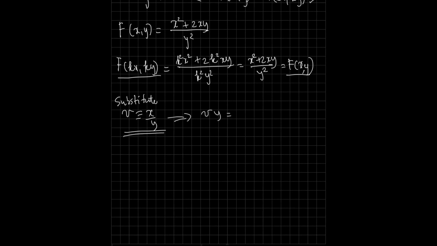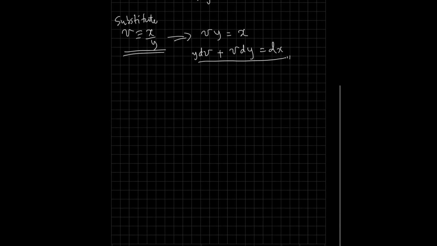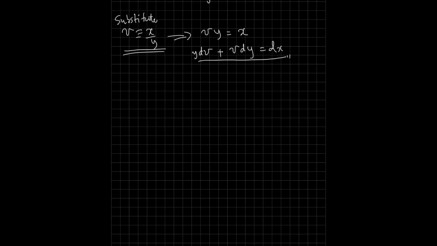And so this becomes vy equals x, and therefore we will have y dv plus v dy equals dx. And so if we go back to our expression, what we had was dx/dy equals x squared plus 2xy all over y squared. Then let's replace that. So the dx bit will be replaced by this expression.